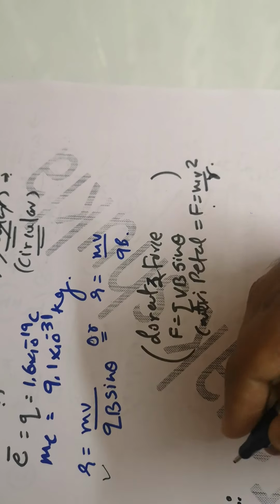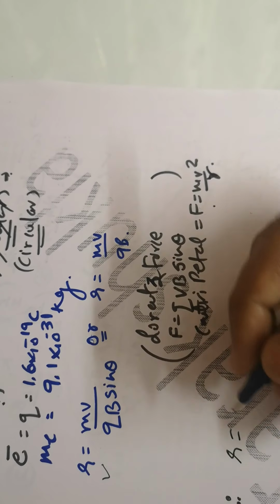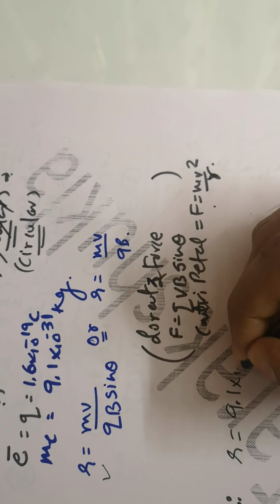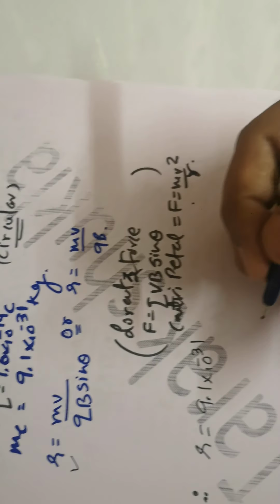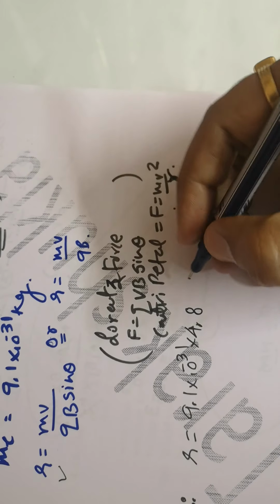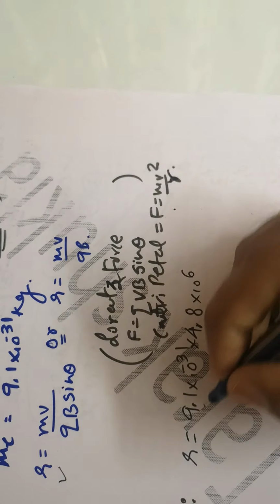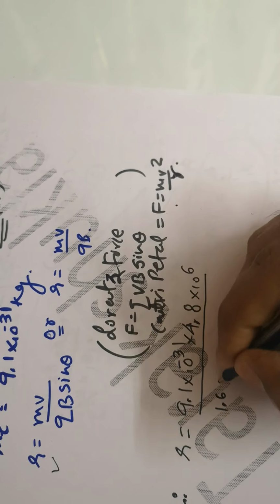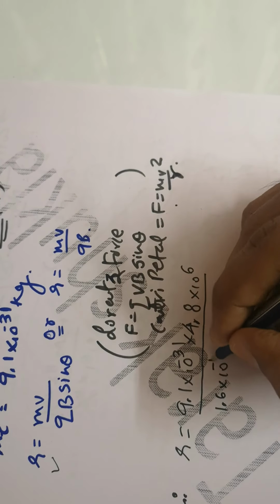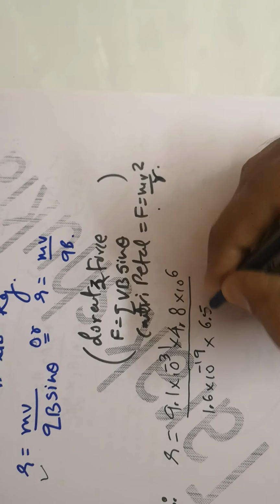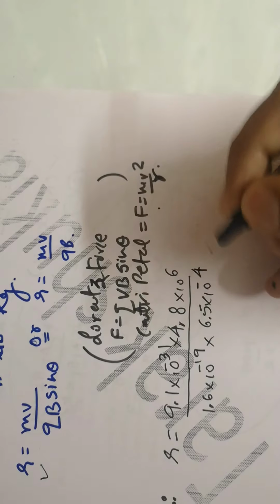Putting in my values, radius r equals mass 9.1 cross 10 to the power minus 31, multiplied by 4.8 cross 10 to the power 6, divided by 1.6 cross 10 to the power minus 19 multiplied by 6.5 cross 10 to the power minus 4.